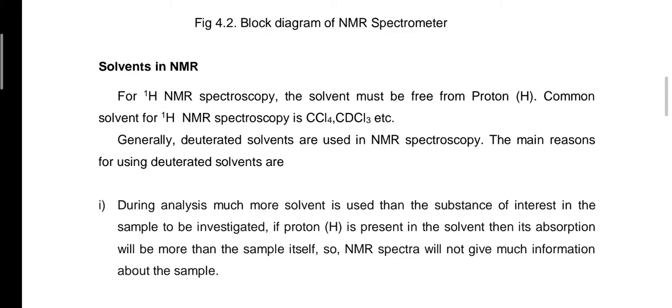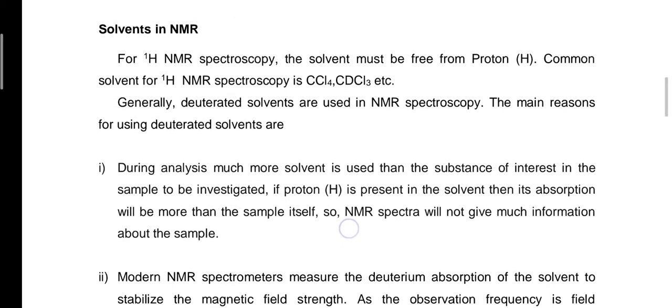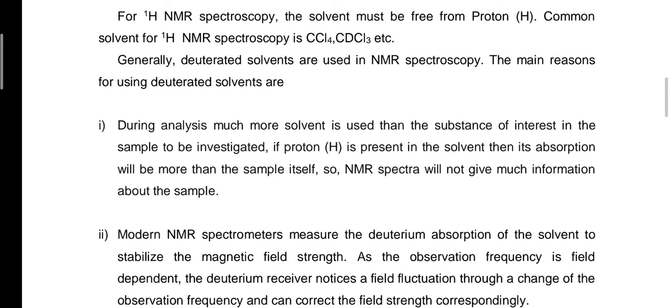The main reason for using deuterated solvent is that during analysis much more solvent is used than the substance of interest in the sample. If proton H is present in the solvent, then the absorption will be more than the sample itself, so the NMR spectra will not give much information about the sample.